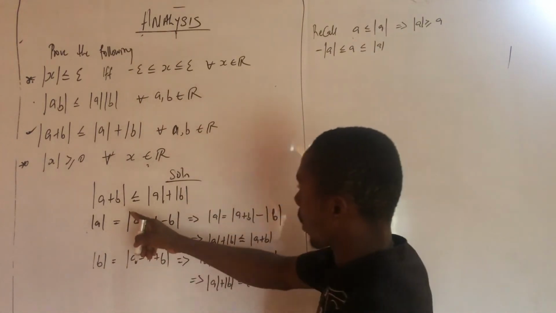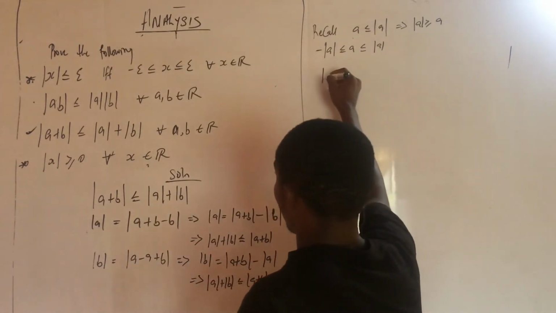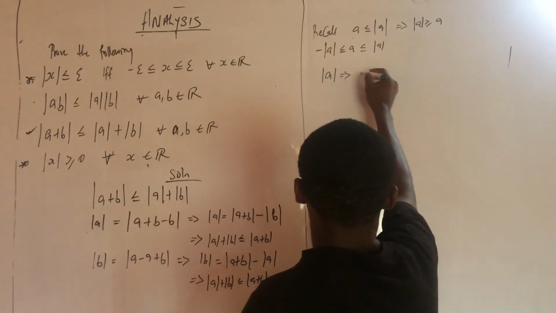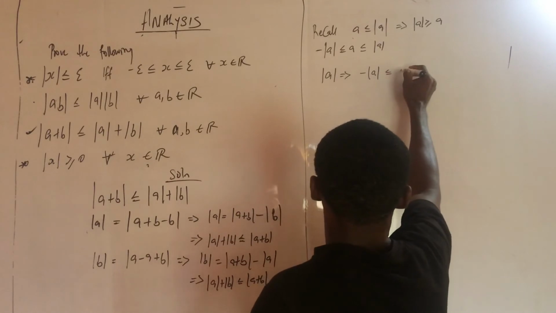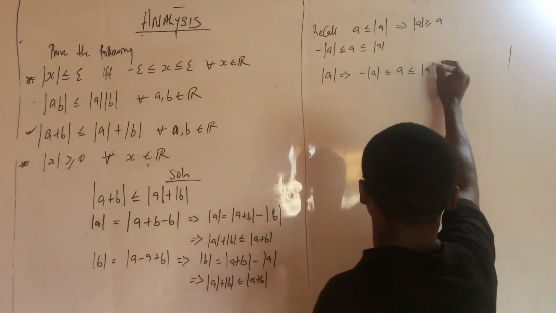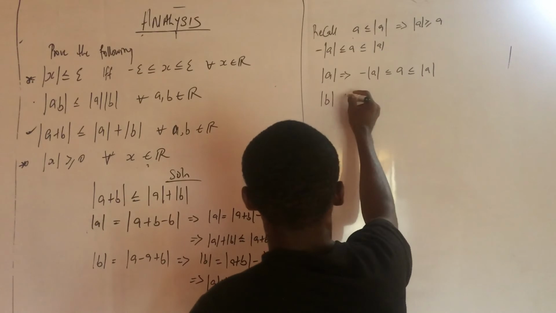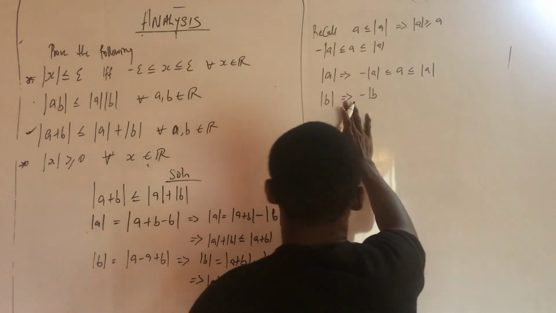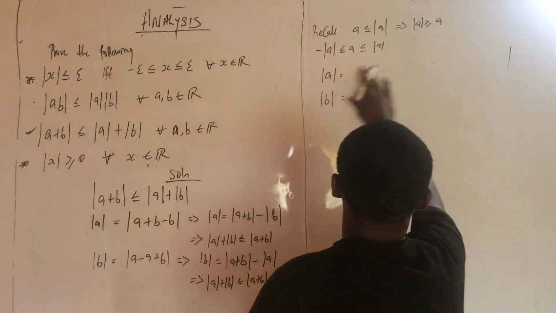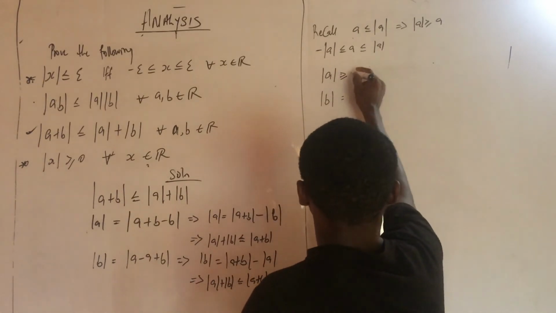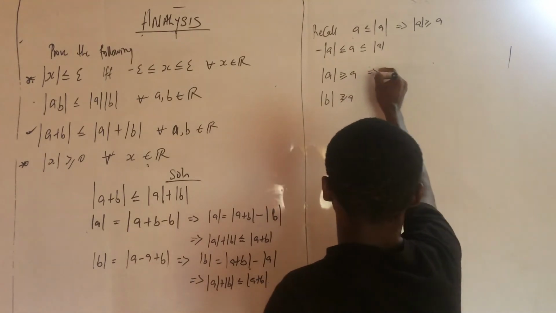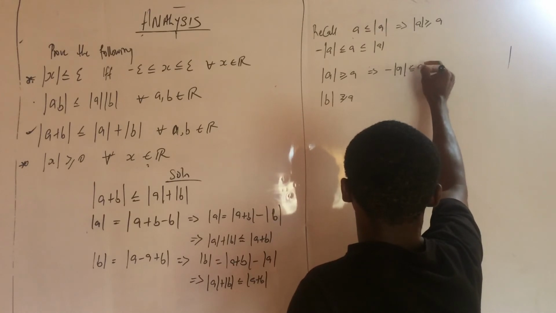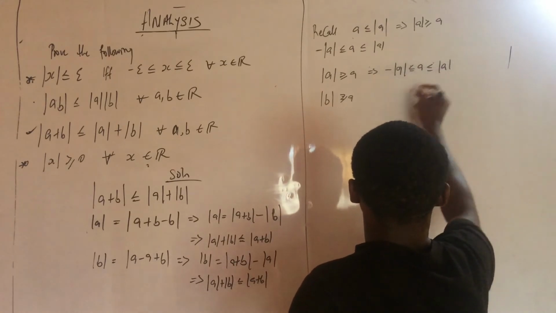So now here, what did they give us? We said that the absolute value of a implies that minus the absolute value of a is less than or equal to a, less than or equal to the absolute value of a.